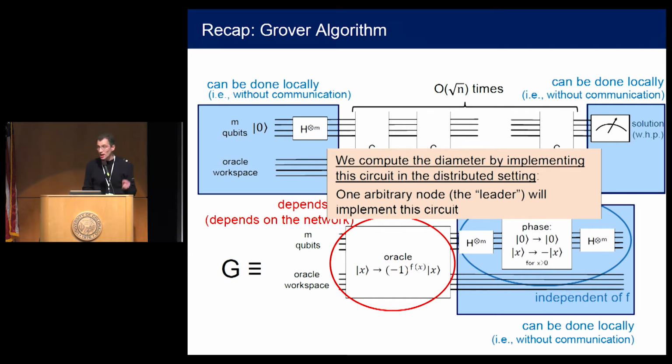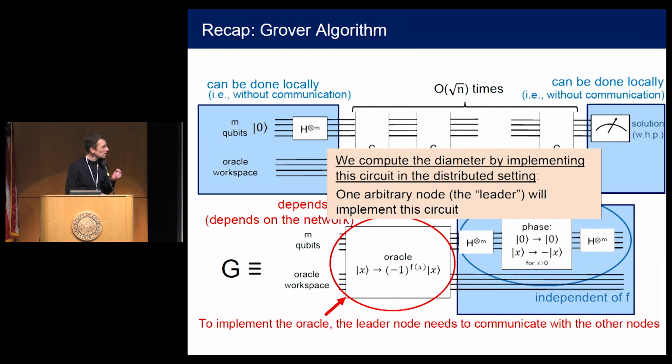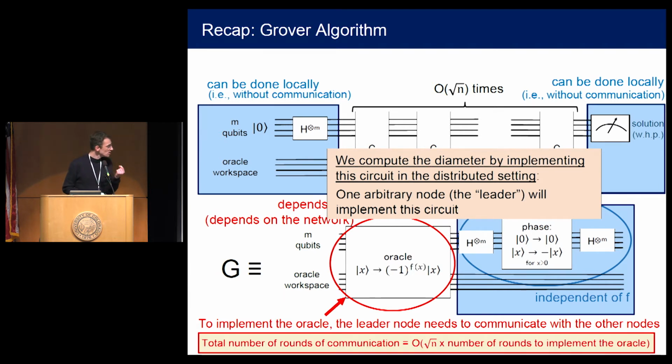But the leader cannot implement this part, the oracle, locally, because the oracle depends on the network. So any time he needs to implement a call to the oracle, he will need to communicate with the other nodes. So the total number of rounds of communication of the simulation will be equal to square root n, the number of times the oracle is called, times the number of rounds needed to implement the oracle.